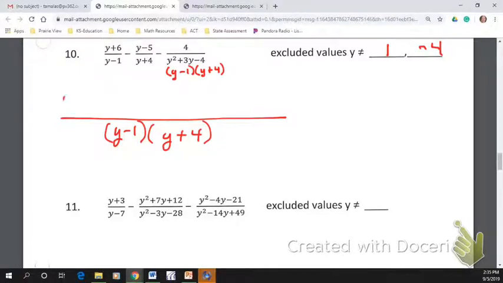So y plus 6 times y plus 4, minus y minus 5 times y minus 1. At the very end, I don't have to multiply this thing by anything. It stays the same, so will this 4 on the end.